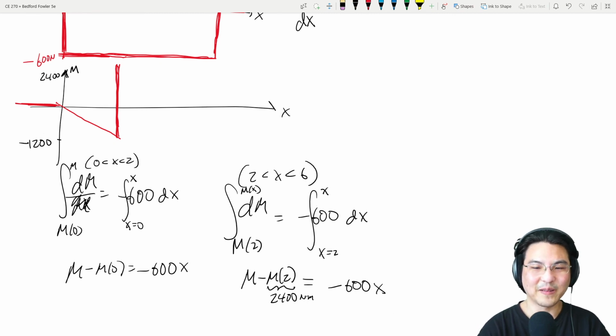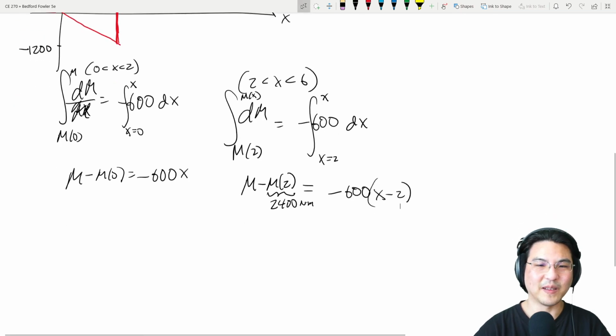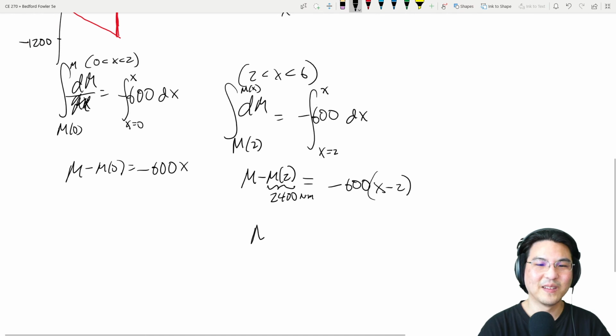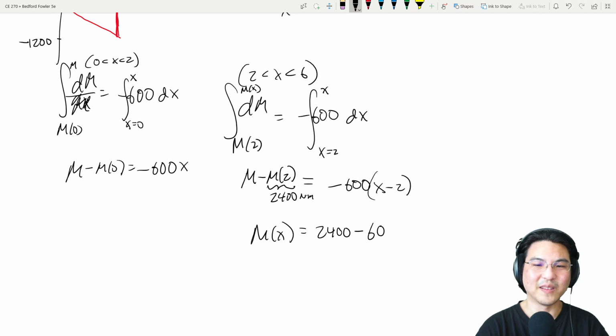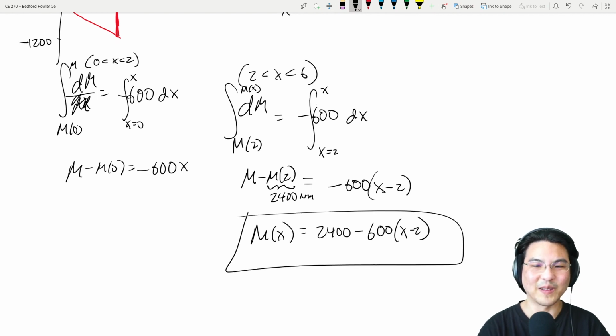Let's evaluate that. There. Okay, so between 2 and 6, the bending moment is 2400 minus this. You can simplify, but I'll just leave it like that for now.